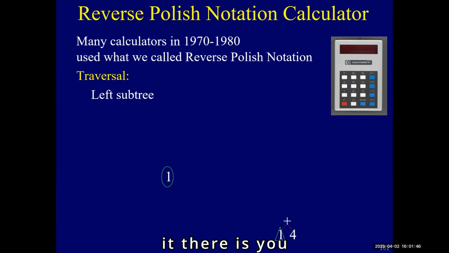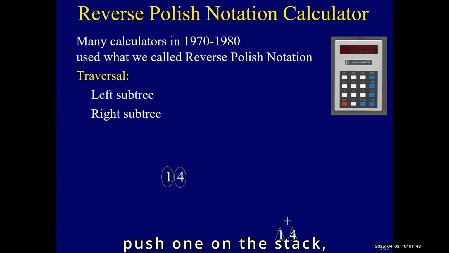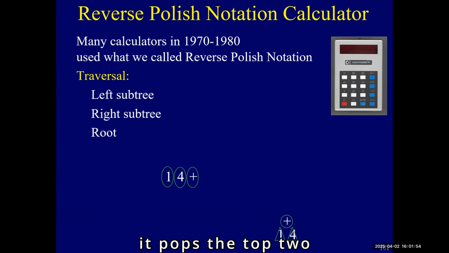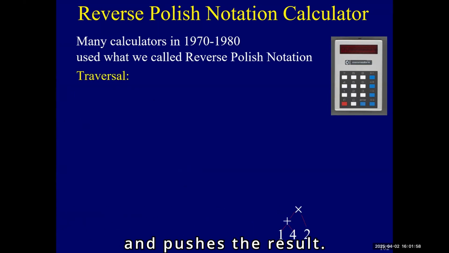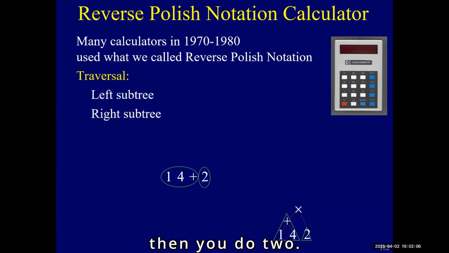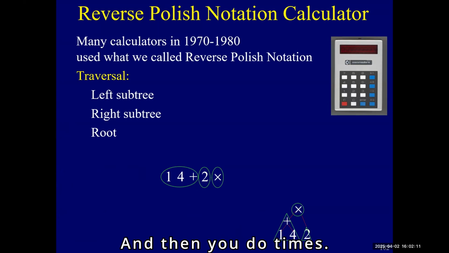But the way you did it there is you push 1 on the stack, then you push 4 on the stack, and when you hit plus, it pops the top two off, adds them, and pushes the result. Then you do 2, and then you do times. People kind of buy that?